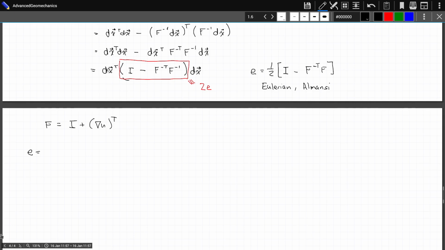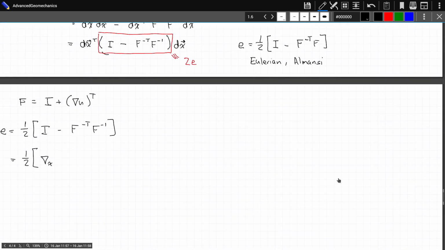E is equal to one half times I minus F inverse transpose F inverse. That's equal to one half... I guess let me do this on the side.